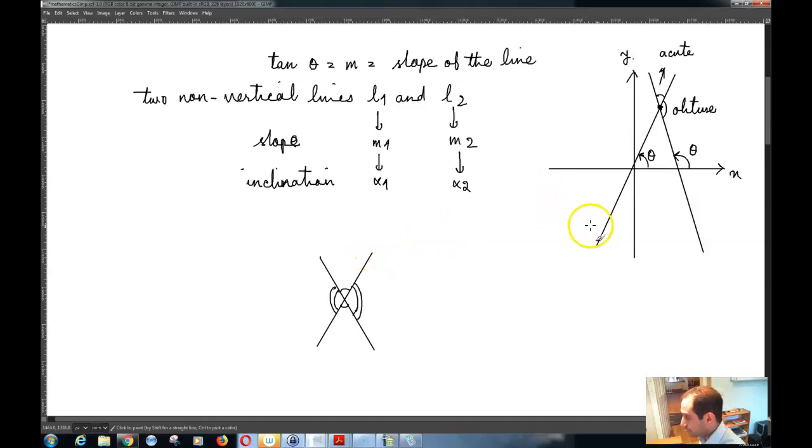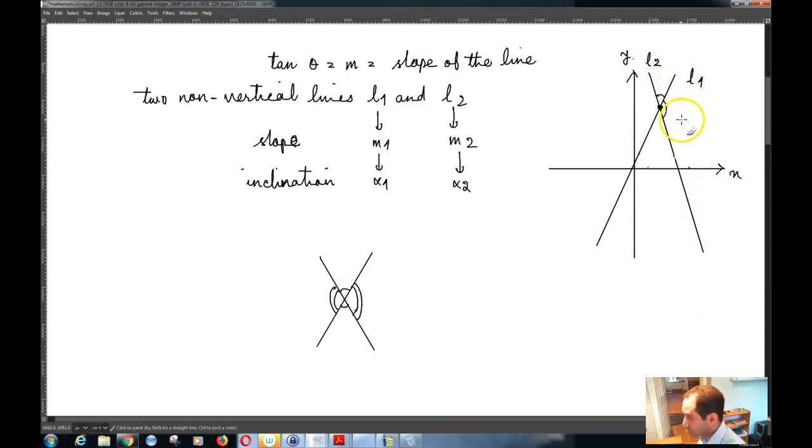Let me clear this up. Let me call this line L1 and this line L2.